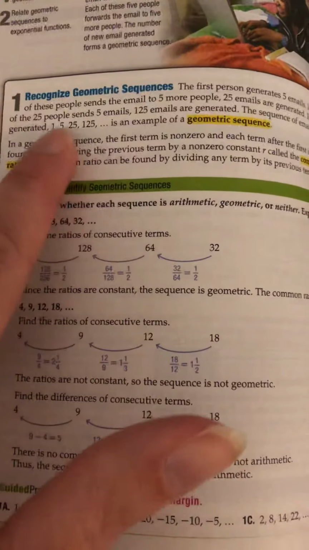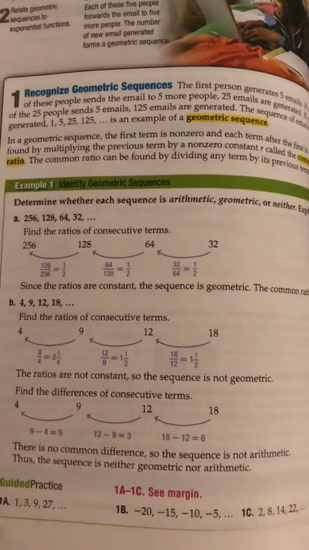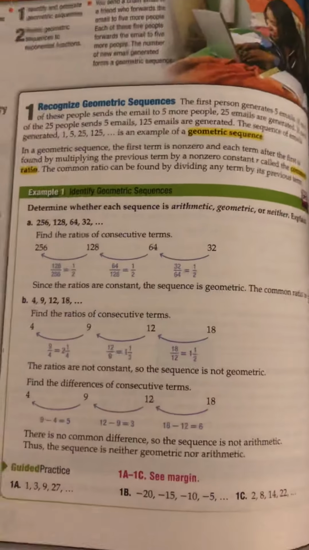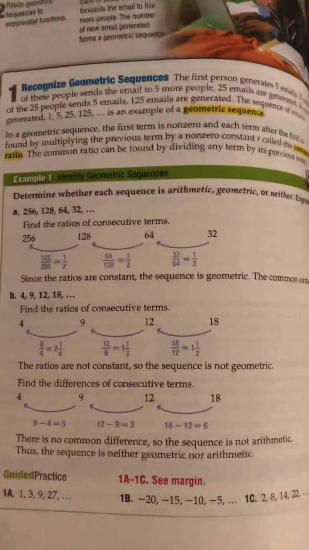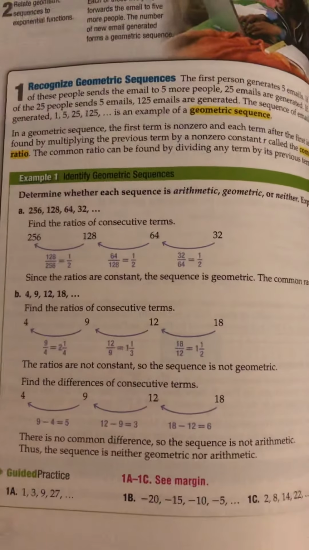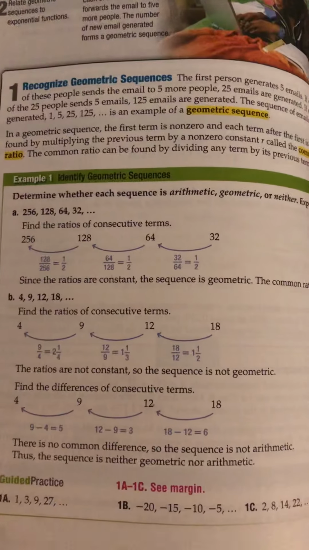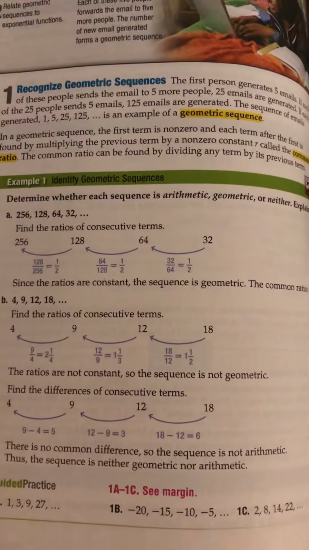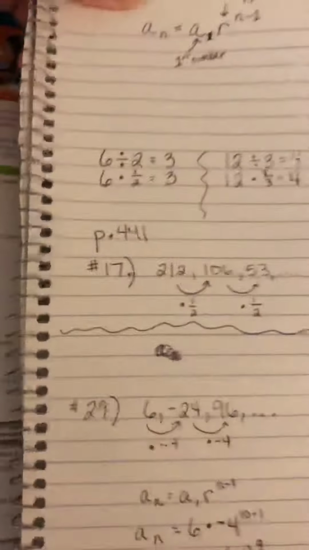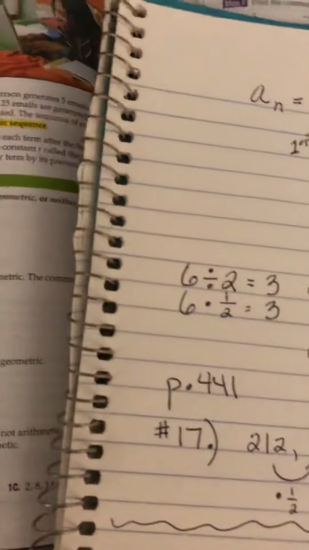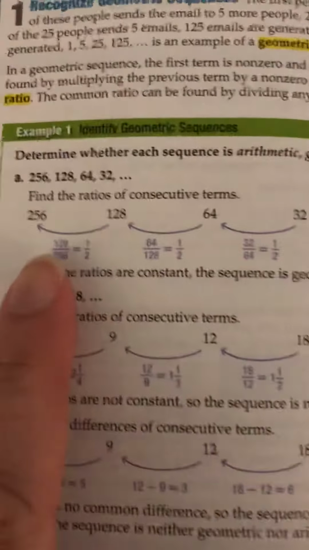For this one up here, the common ratio would be 5, because that's the number that you're multiplying by. When we get into these questions in more detail, you'll see that the common ratio always has to be what you're multiplying by. So a question might come up: what if I noticed the numbers were going down?